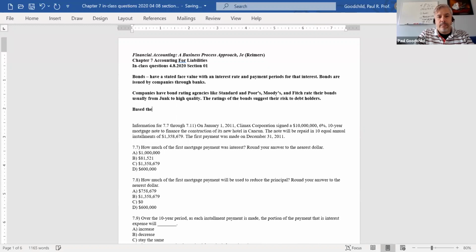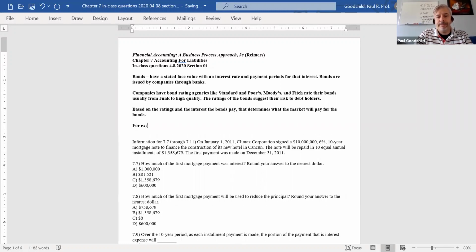Based on the ratings and the interest the bonds pay, that determines what the market will pay for the bonds.